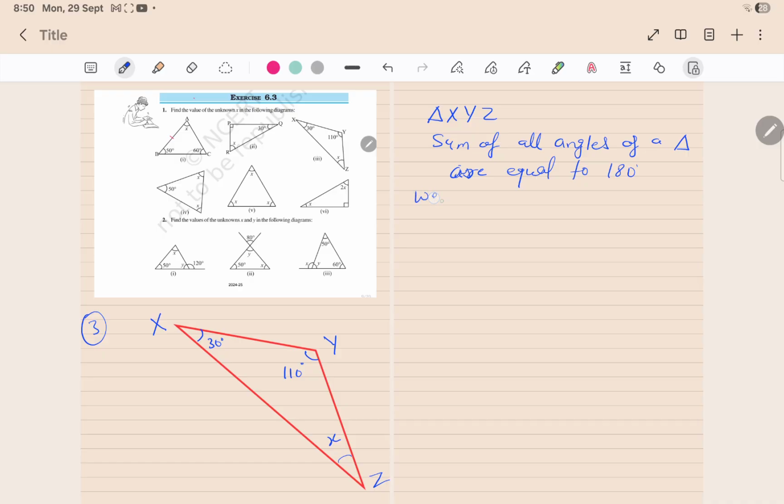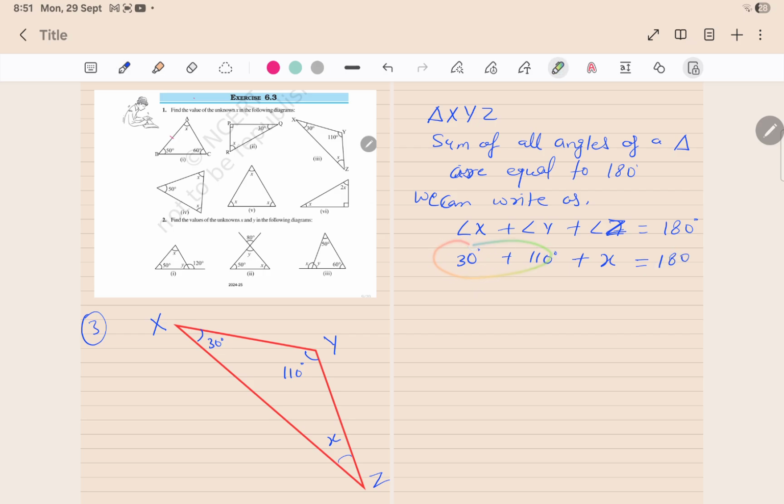So we can write angle X plus angle Y plus angle Z equal to 180 degrees, and angle X equals 30 degrees, angle Y equals 110 degrees, and angle Z equals x.